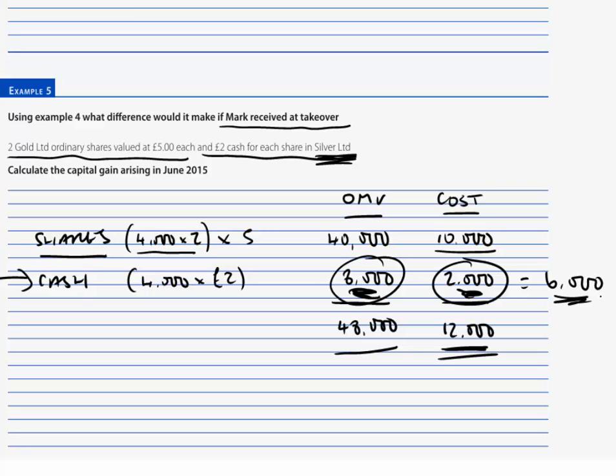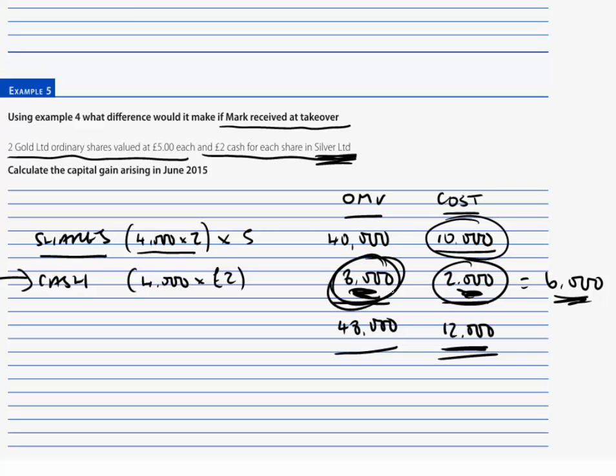So you'd have an immediate gain crystallising at the time of takeover of £6,000, and your ordinary shares in Gold now received get share-for-share relief, and they would be deemed, as we said, to have a cost of £10,000 for purposes of dealing with any future disposal. So it's exactly the same working, except that in relation to cash, an immediate gain arises, and you've got the basis of it in your working.